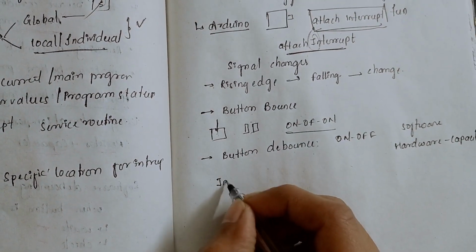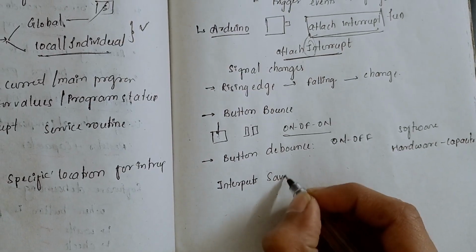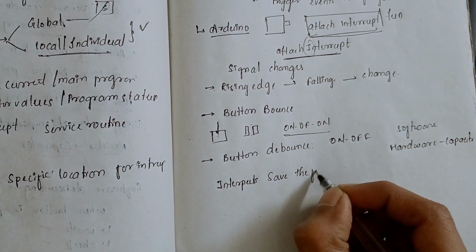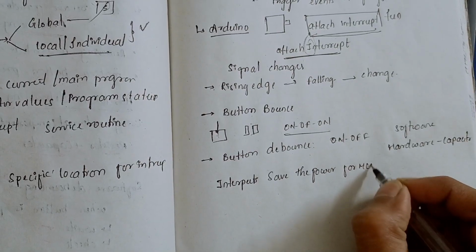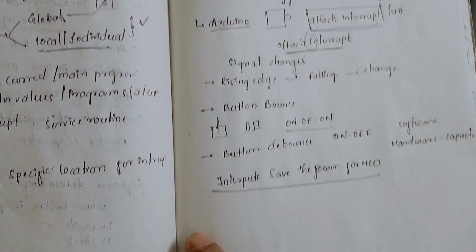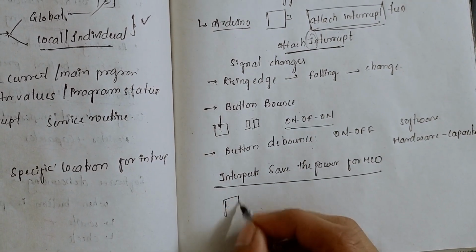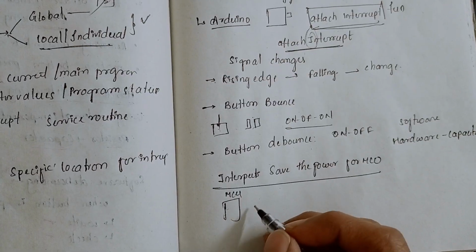So interrupts save power for MCUs. Let's say an MCU is in a normal condition.